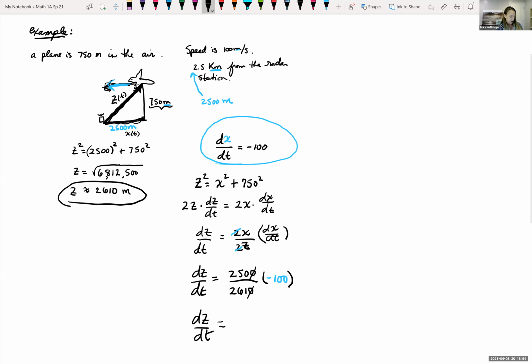We have 250 divided by 261, and we're going to multiply that by -100, which is approximately -95.8 meters per second. And it's negative. Okay, so that distance right now, as the plane is coming in, that distance is shrinking.